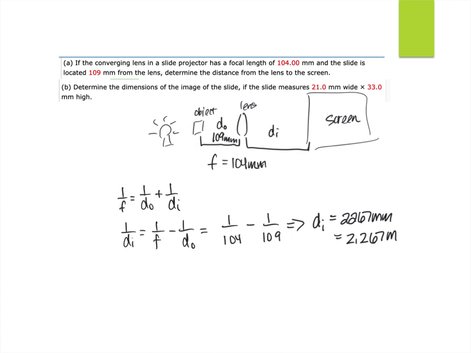It basically says if this is the original size of the slide, so this is really akin to the object height, although we have 2 dimensions. We want to know how big the image is going to be, so we're really looking again for magnification.